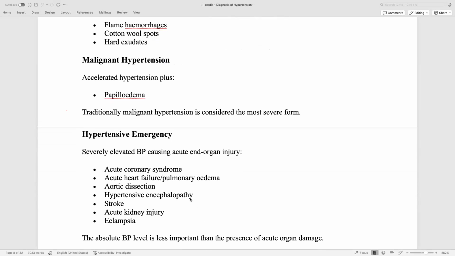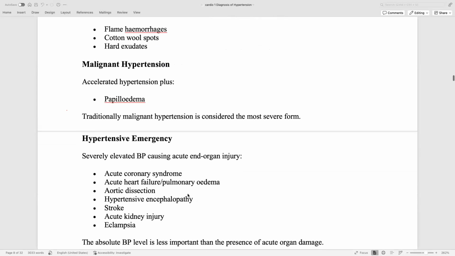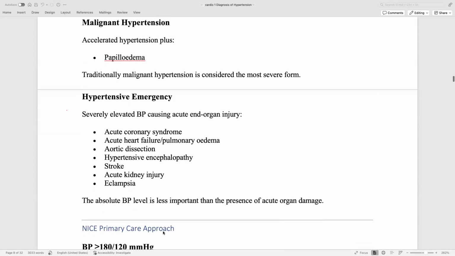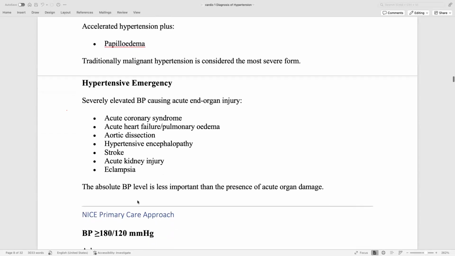If the patient has hypertension and coronary artery disease, even if the number is low, even if it is stage 2 for example, this is a hypertensive emergency. Aortic dissection, hypertensive encephalopathy, stroke, kidney injury, eclampsia. In eclampsia the patient may be just 140/90, but it is still a hypertensive emergency. So the absolute blood pressure level is less important than the presence of acute organ damage.